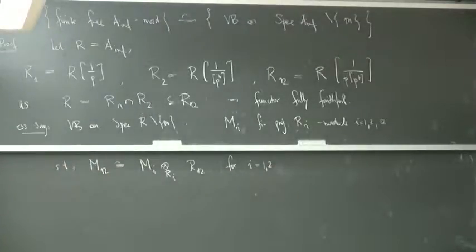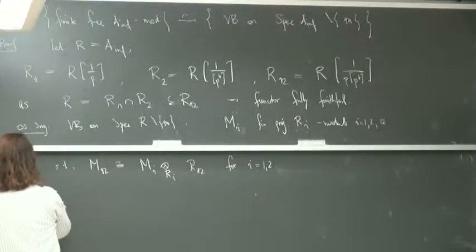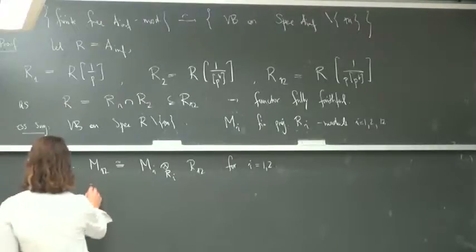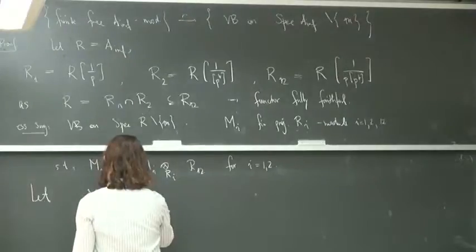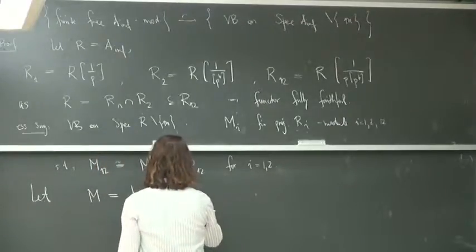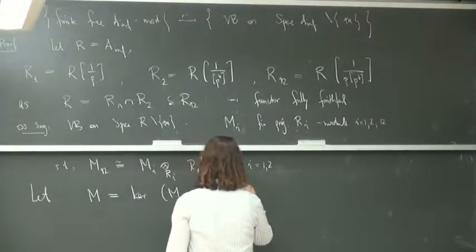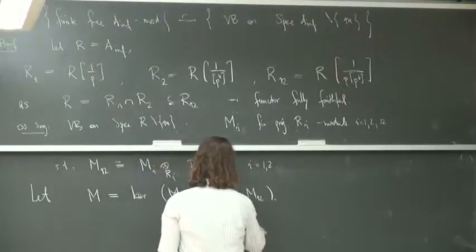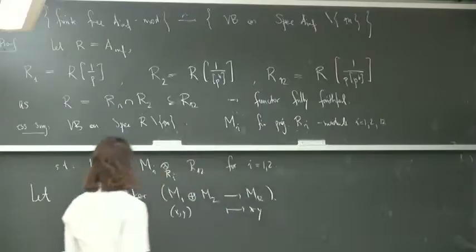And then the only chance for this finite free A_inf module would be to take M, the kernel of the map from M1 plus M2 to M12, sending (x, y) to x minus y. Right?